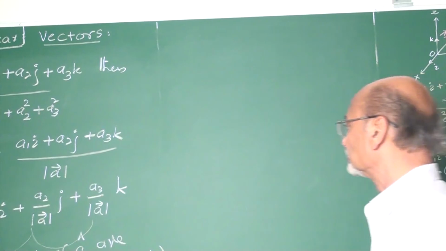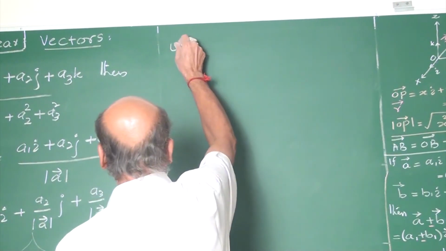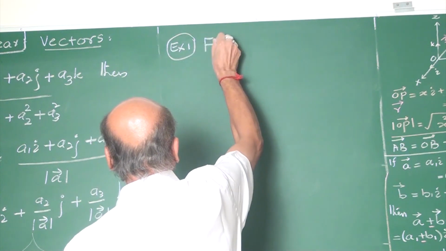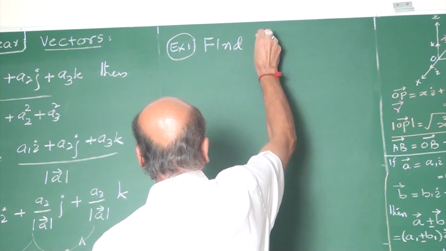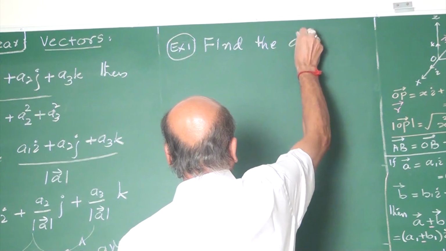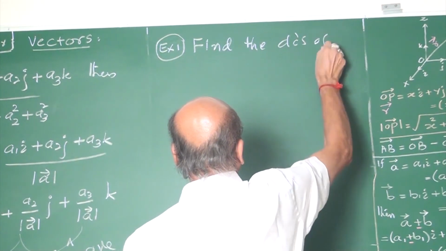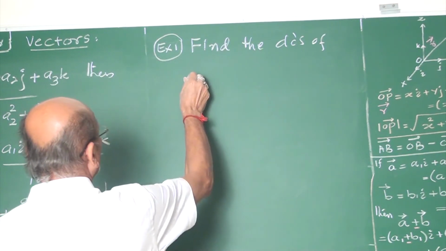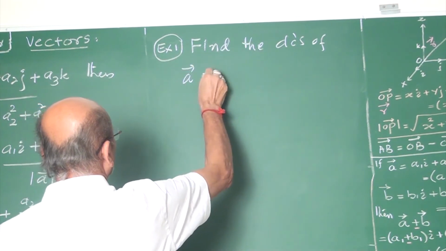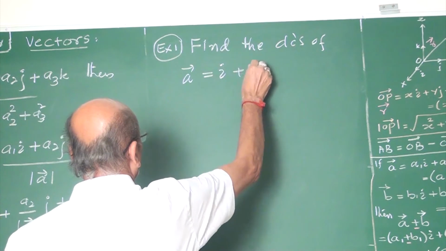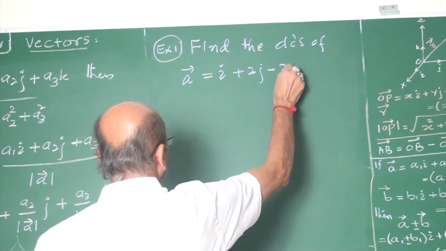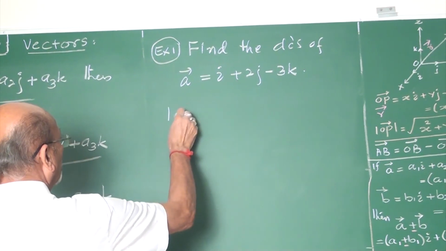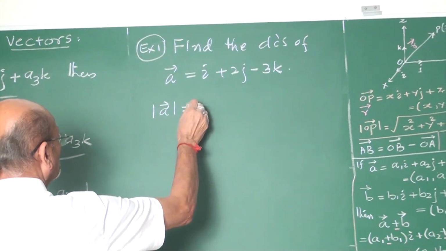First example of this. Example 1. Find the direction cosines of the vector A equal to i plus 2j minus 3k. To find A cap, we want its magnitude.